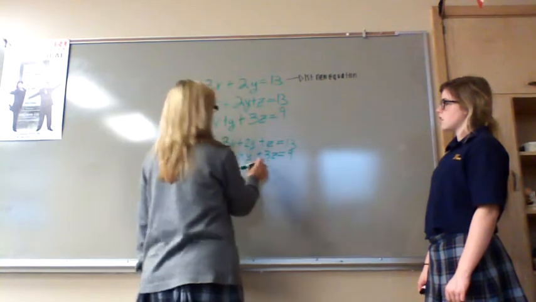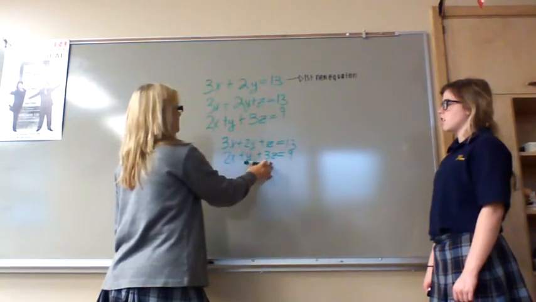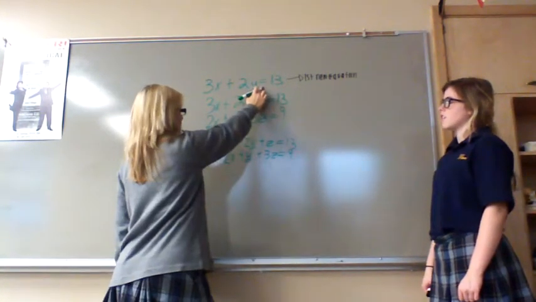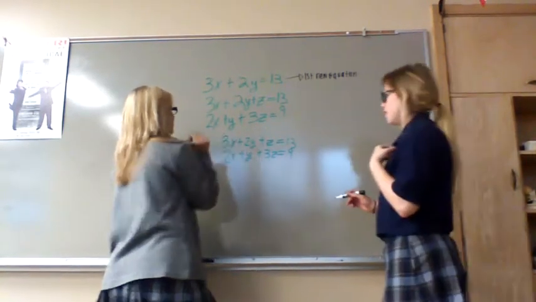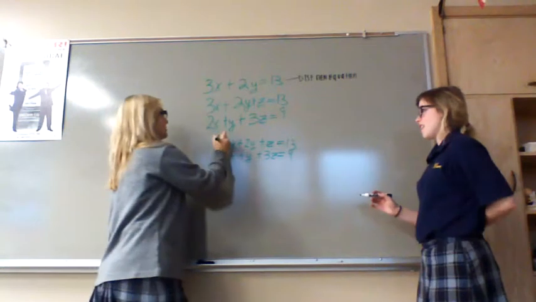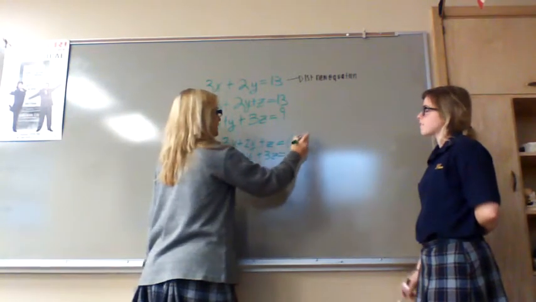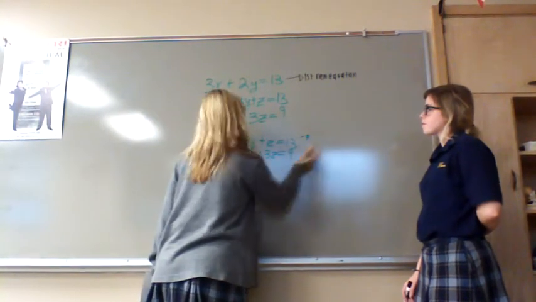And then you want to cancel out the z, because the z was already canceled out in the first new equation. So we have to solve for the other two.